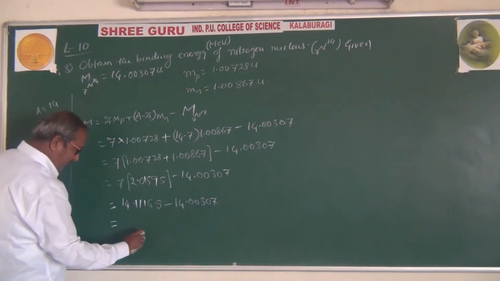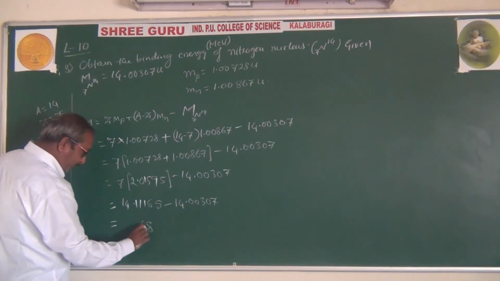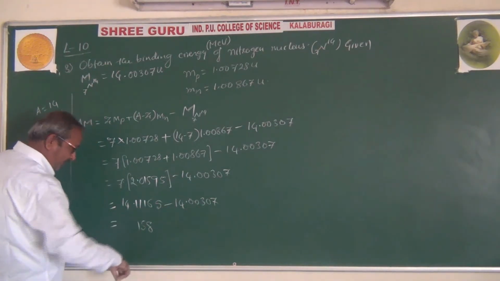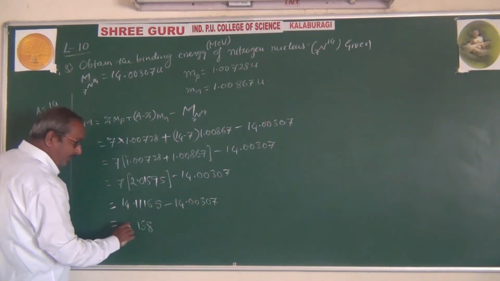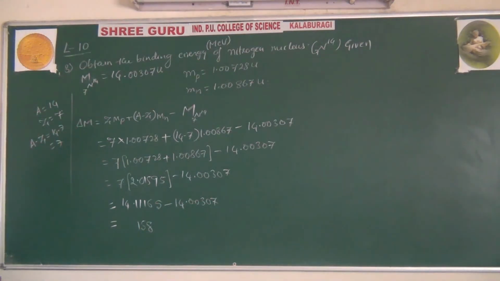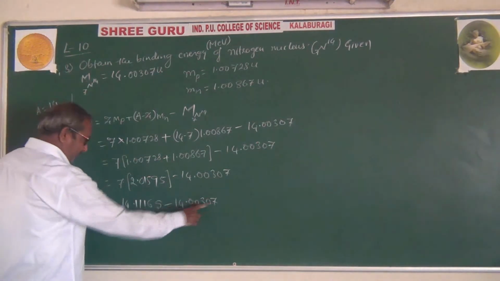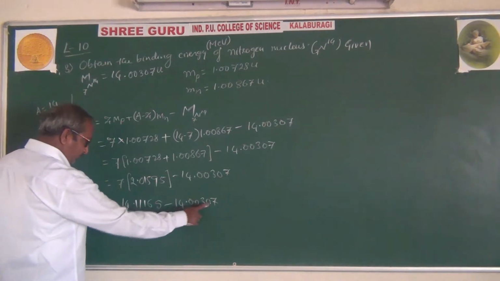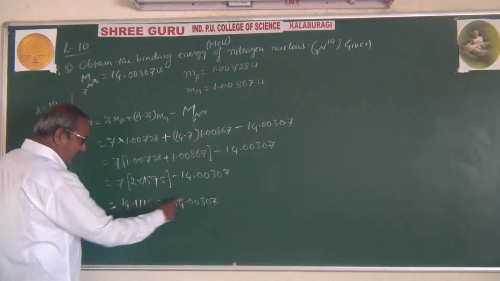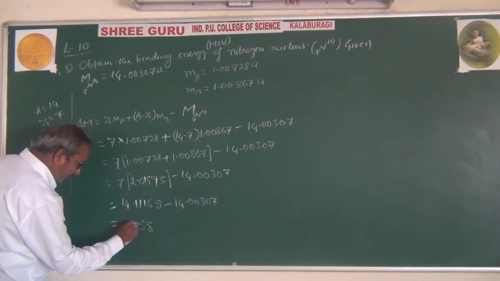15 minus 7 is 8. Here 5 remains, 5 minus 0 is 5. Here 1 0, 1 minus 0 is 1. Here also 1. If you make a mistake in the subtraction, the answer is wrong. Here 11 minus 3 is 8.